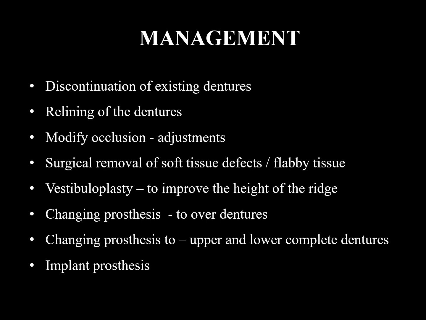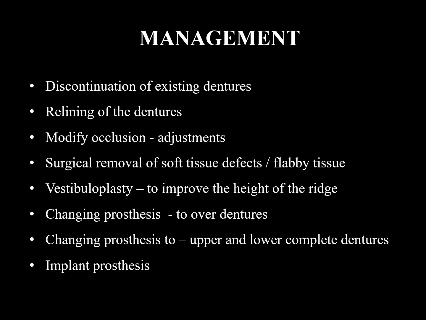If these things are not working out, then we can consider switching over to an overdenture, where the lower teeth are reduced, they are endodontically treated, and the lower denture can be changed into an overdenture.